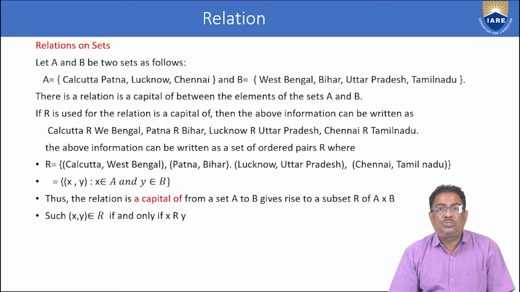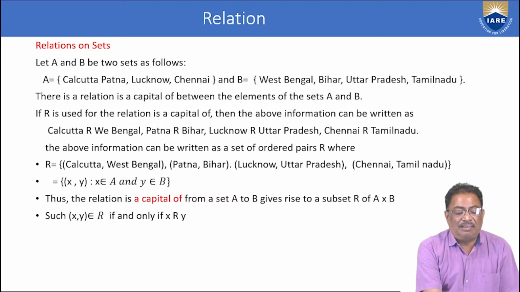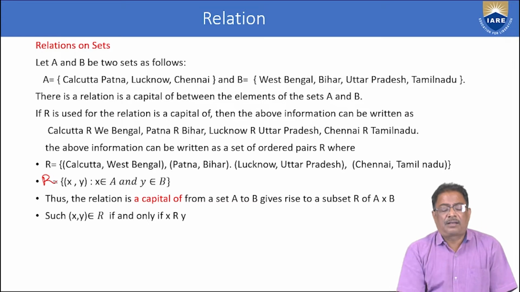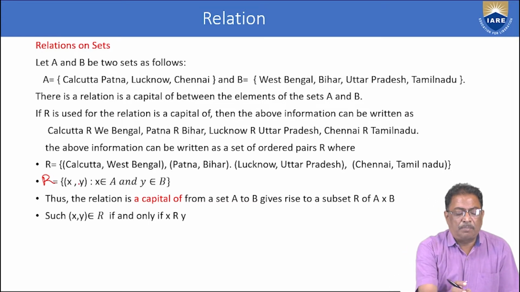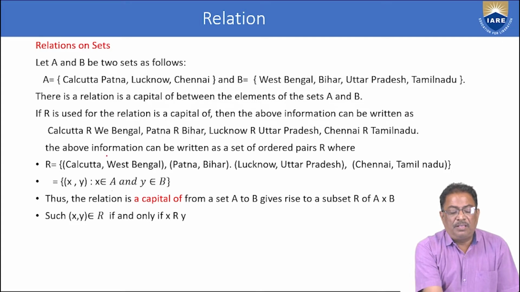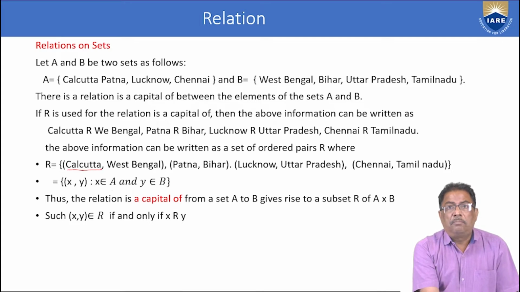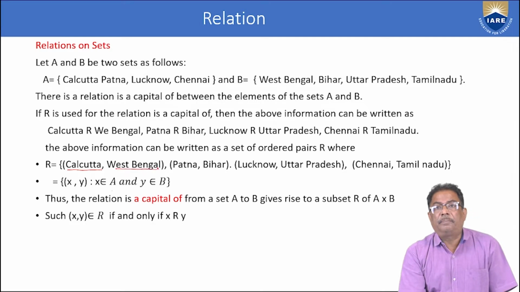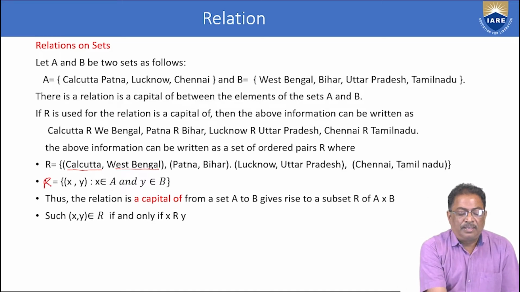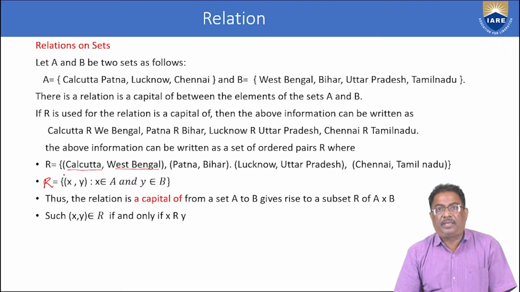Now we are going to generalize the relation as the ordered pair (x, y) such that x belongs to A, y belongs to B. That means the first element is a member of A, the second element is a member of B. So we represent the relation in the form of ordered pairs.